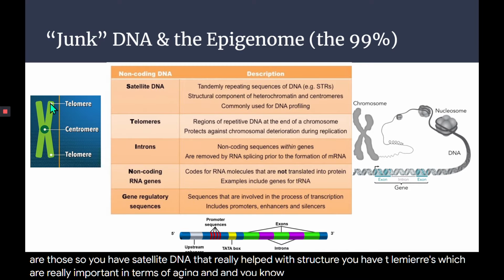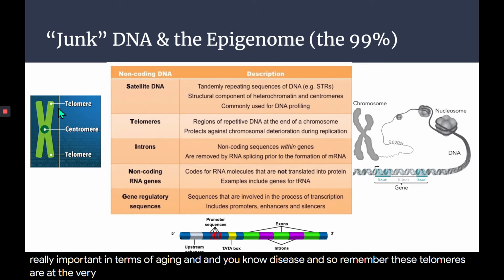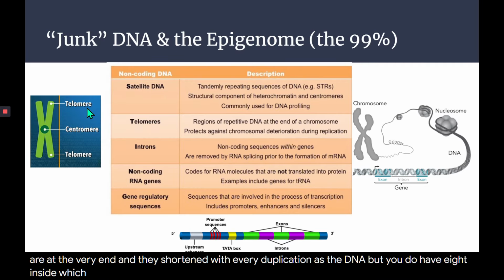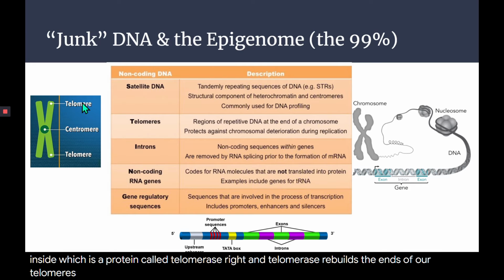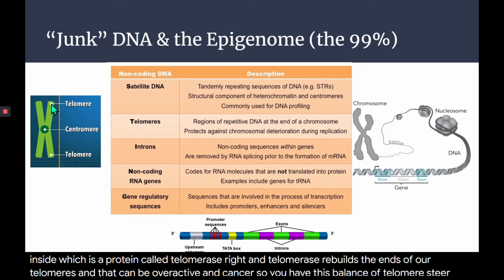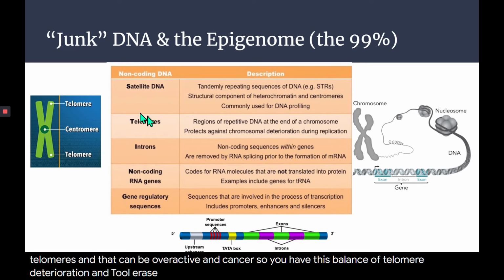And so remember, these telomeres are at the very end, and they shorten with every duplication of the DNA. But you do have an enzyme, which is a protein called telomerase, right? And telomerase rebuilds the ends of our telomeres, and that can be overactive in cancer. So you have this balance of telomere deterioration and telomerase building it up.